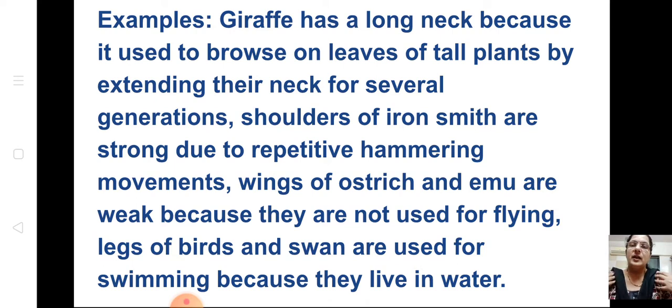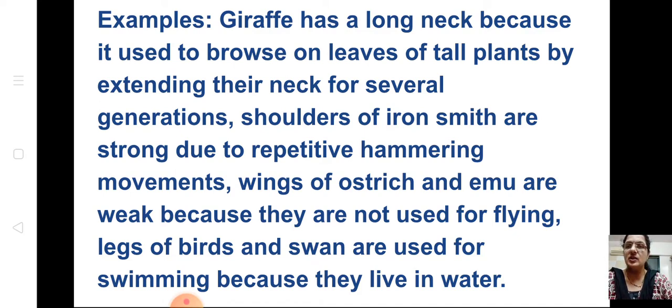That's why their shoulders are strong. But it might not look correct, because their children may not be doing the hammering. The ironsmith's shoulders might be strong, but what about the next generation? Only if they do that movement will their shoulders become strong. That character will not be passed to the next generation.